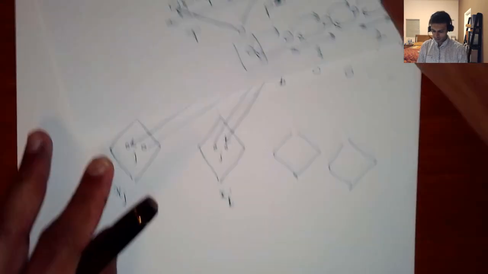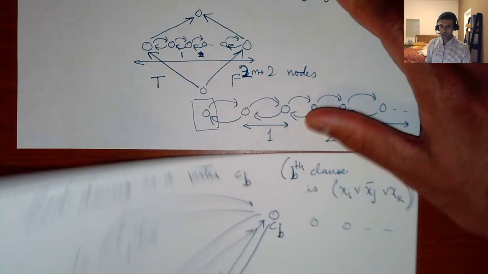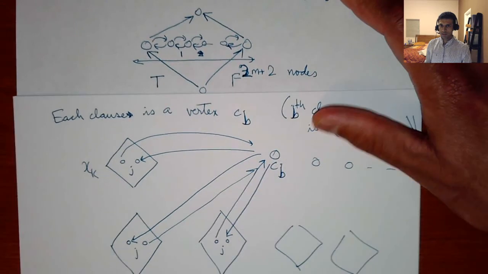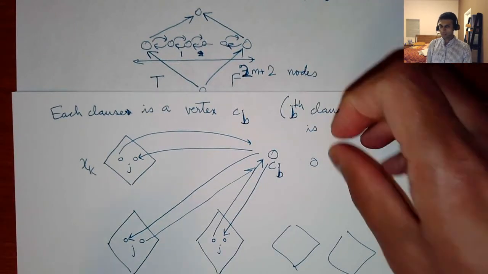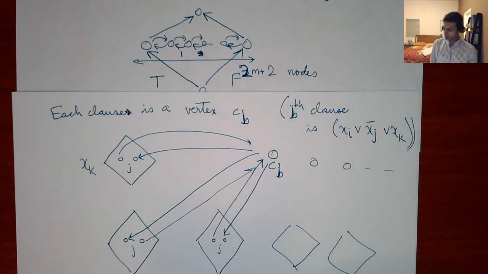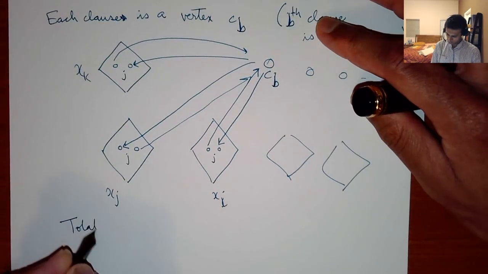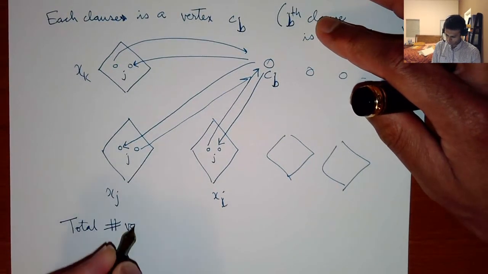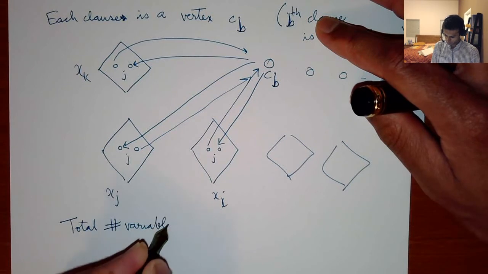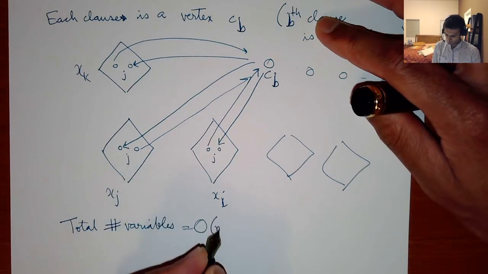Remember that each clause gadget looks like this. So how many vertices do you end up with? O of mk, exactly. So the total number of vertices is O of m times k.